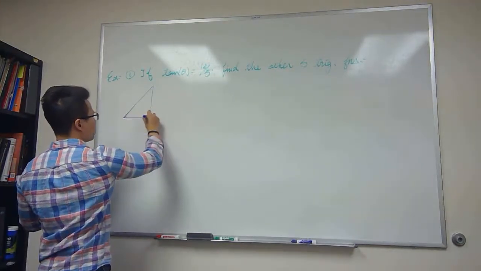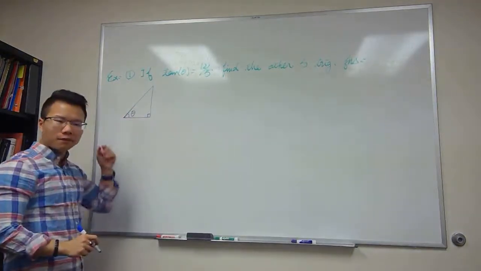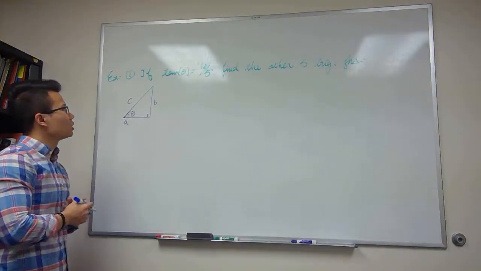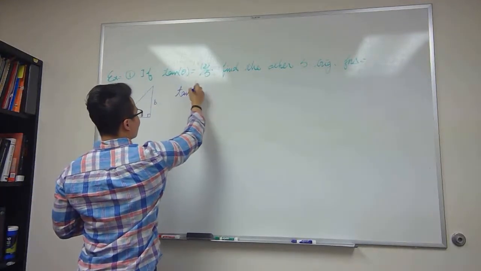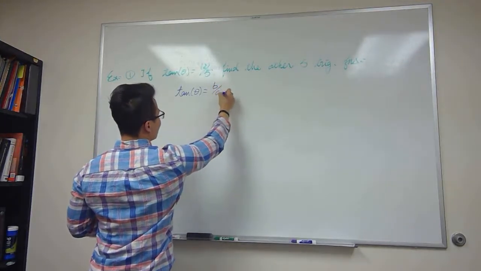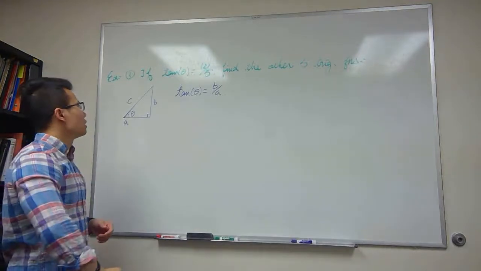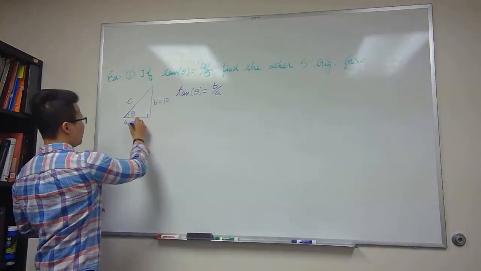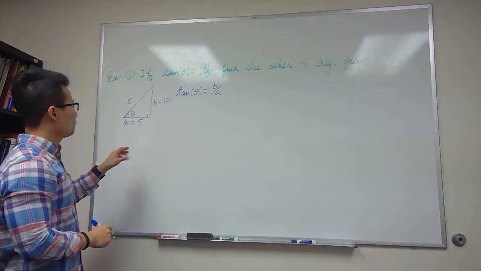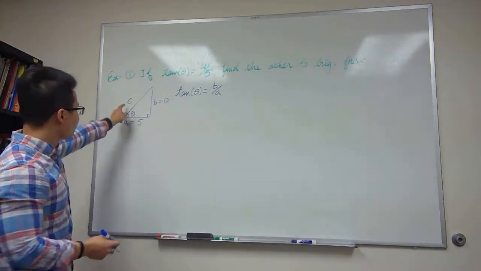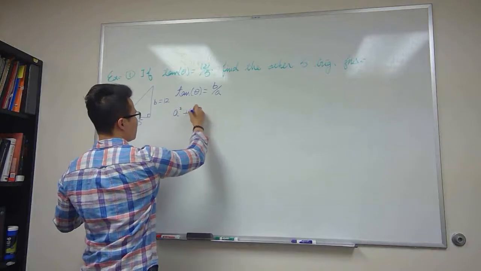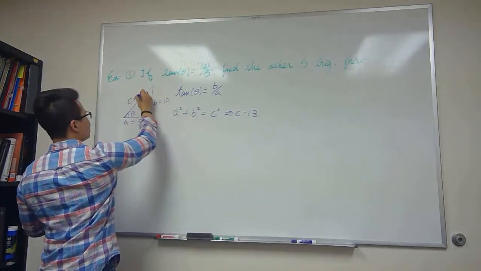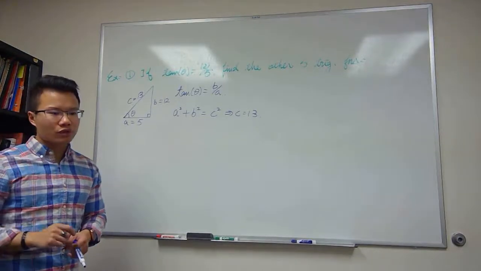We have a triangle in here, and we call this angle theta, and we label the sides A, B, and C. From the previous trigonometry formula, we know tangent theta equals B over A. And since they're giving us tangent theta is 12 over 5, we can mark B as 12 and A as 5. Then we can use the Pythagorean theorem to figure out the last length, A squared plus B squared equals C squared. If you do the calculation, C turns out to be 13.